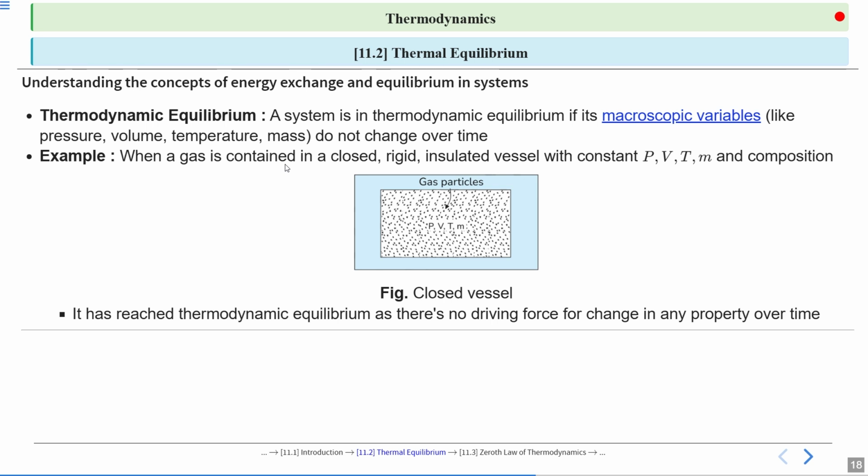It has reached thermodynamic equilibrium as there is no driving force for change in any property over time. It means if there is no driving force for change in any macroscopic variable, then the system is in thermodynamic equilibrium. All right.